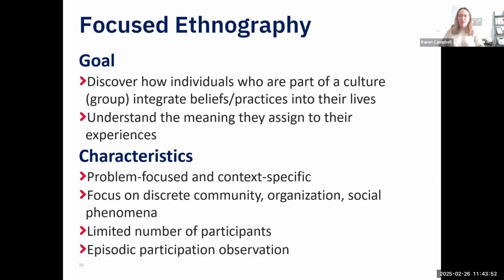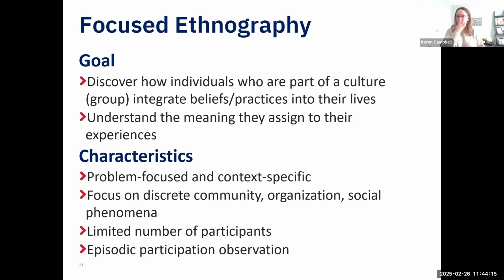Focused ethnography. Again, like I mentioned, this is often more limited in the number of participants, and rather than going in as a full ethnography might, rather than going in and becoming immersed in a community, you might do some episodic participation or observation.